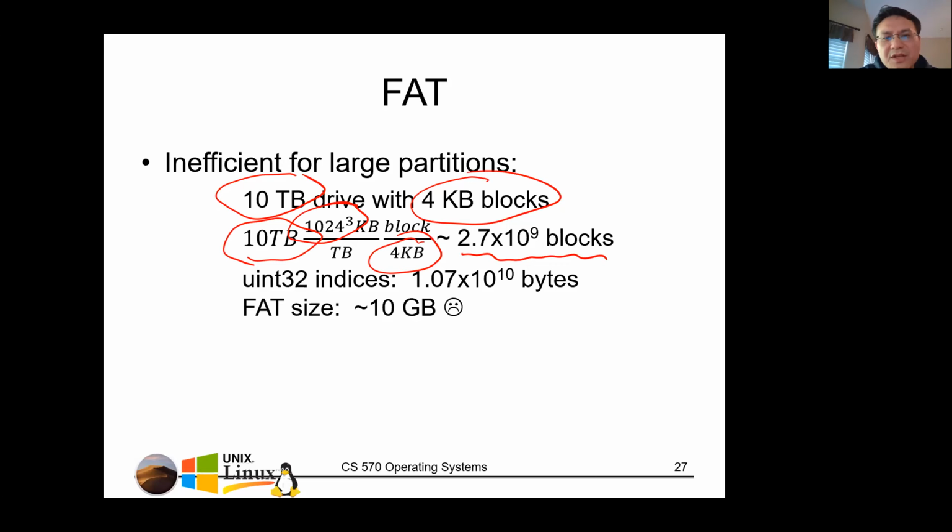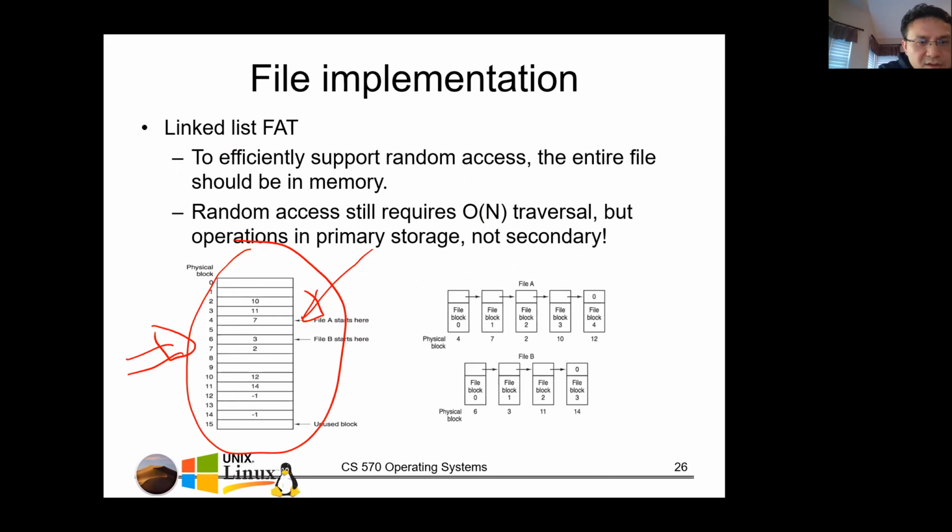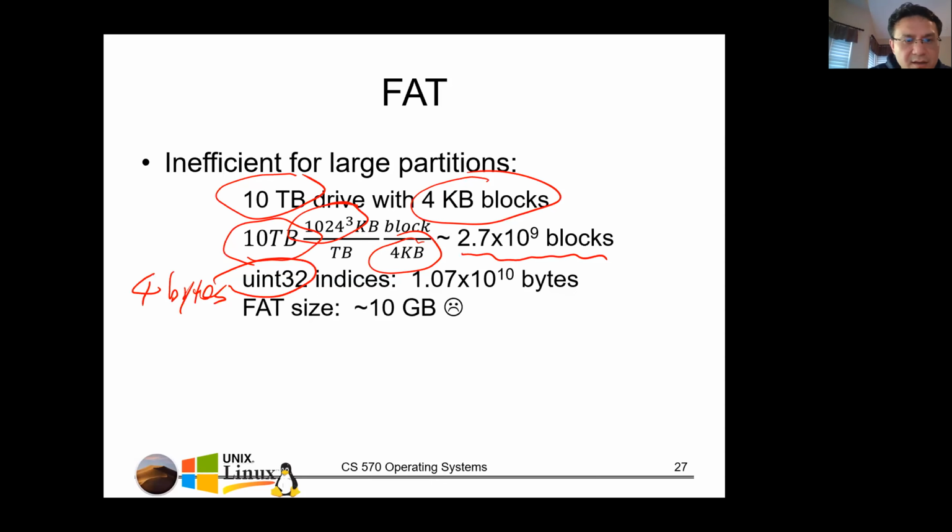So let's say for remembering each block location, you need 4 bytes. An unsigned integer 32 would be 4 bytes. So each entry in the FAT table takes 4 bytes. Essentially that's a pointer to remember the location of the block. So you have this many blocks.